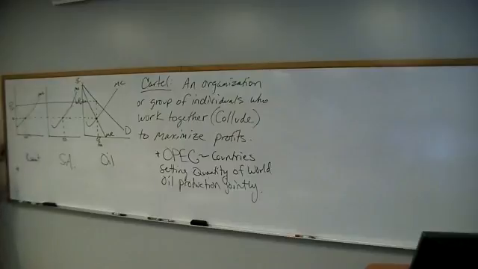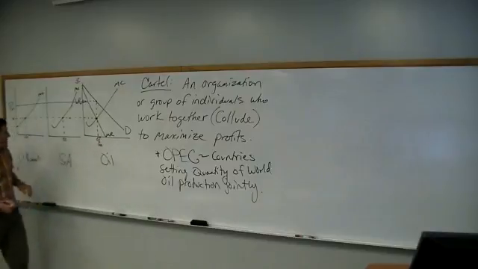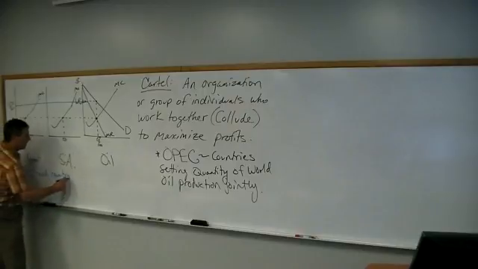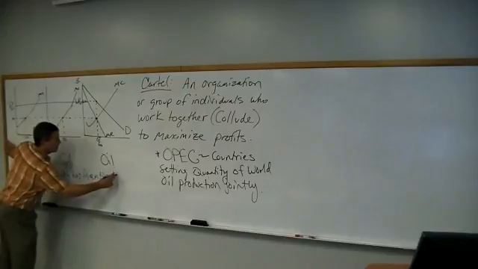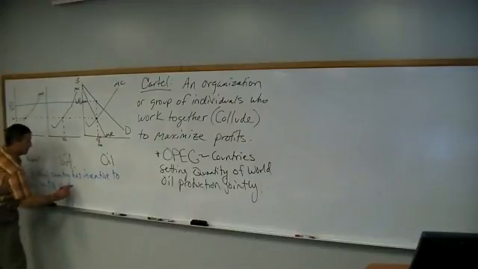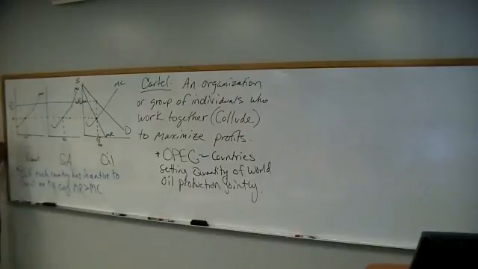All right, so they agreed to oil production jointly, but each country has incentive to cheat and increase their little bit, because the marginal revenue of an additional barrel is greater than the marginal cost.